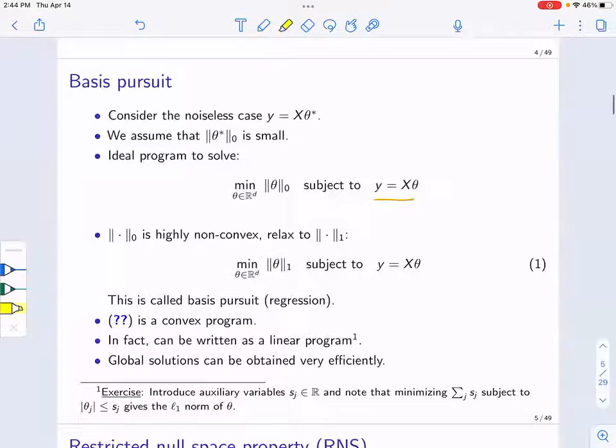The issue is, how do you solve this? The L0 norm doesn't actually depend on the actual values, so we can assume all the non-zero values to be 1.